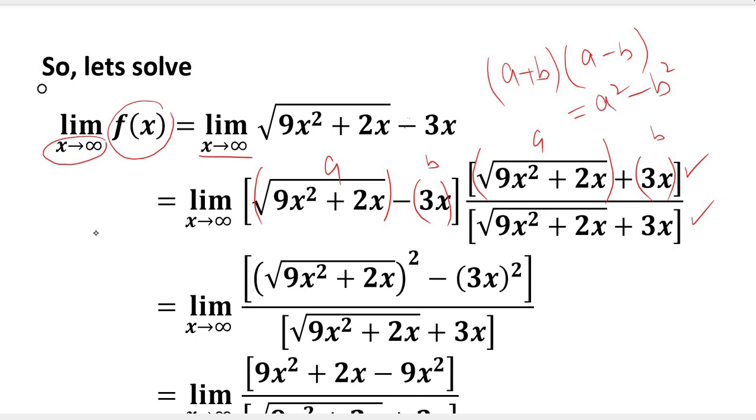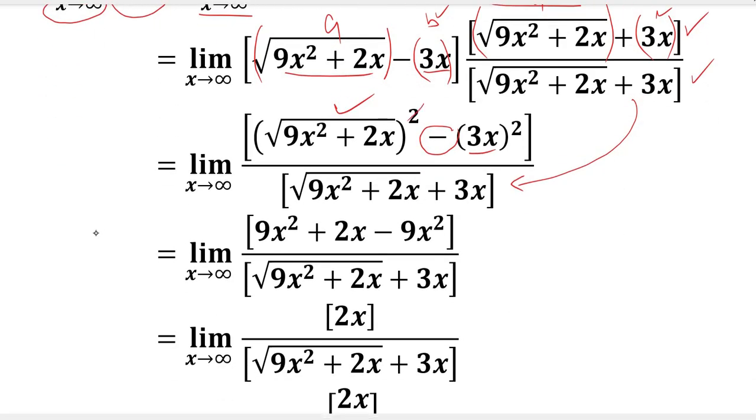So we take the square of the first one, then write a negative sign, and then take the square of the second one, which is 3x. The conjugate comes as it is in the denominator.